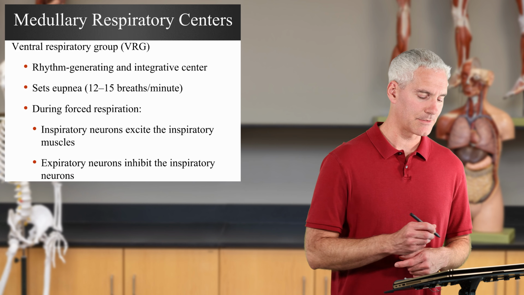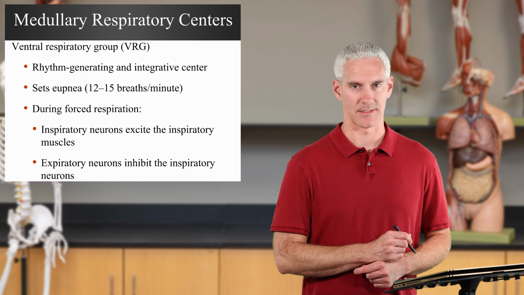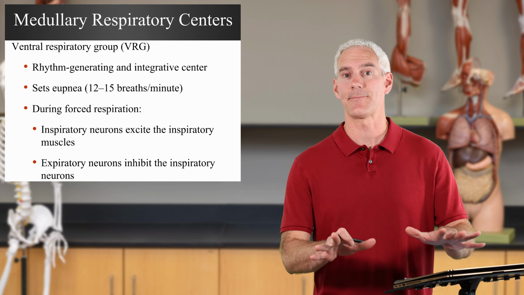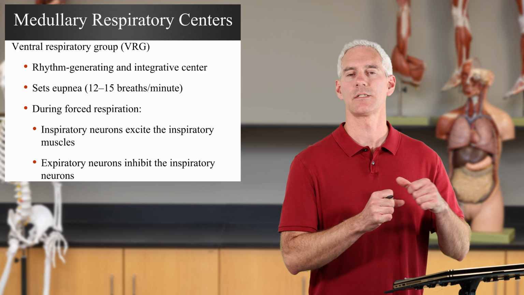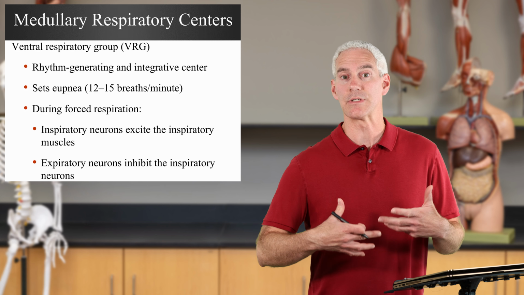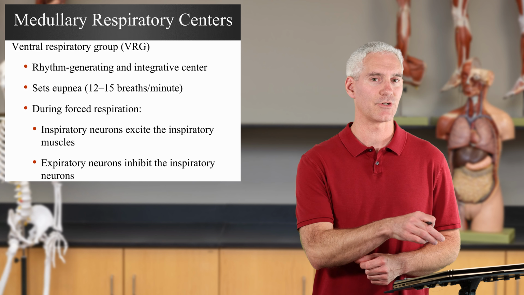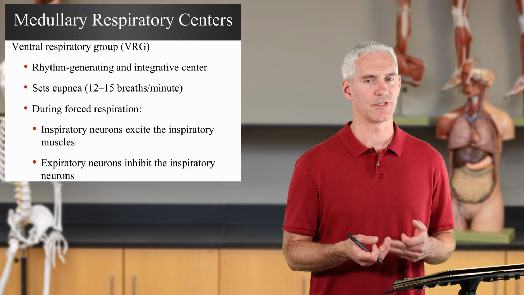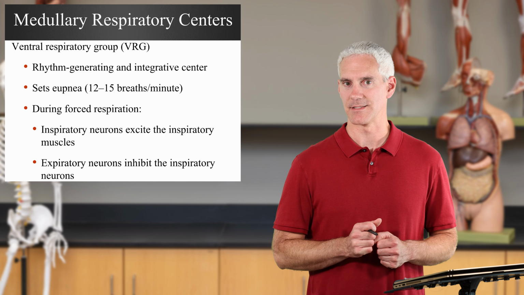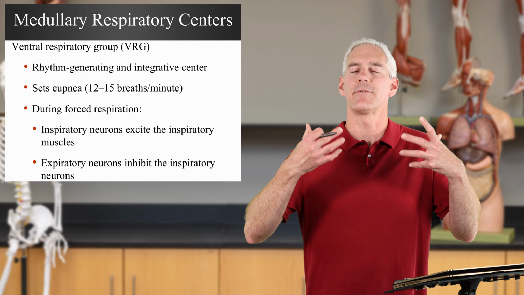Instead, those expiratory neurons inhibit the inspiratory neurons. They basically tell those inspiratory ones, don't fire, stop firing. Don't cause the inspiratory muscles to be stimulated. Don't cause them to contract. So this is the VRG, and that's during forced inhalation and exhalation. Eupnea is just standard breathing, that's the resting state. So it has two different states here: your resting state breathing or your deep forced breathing.